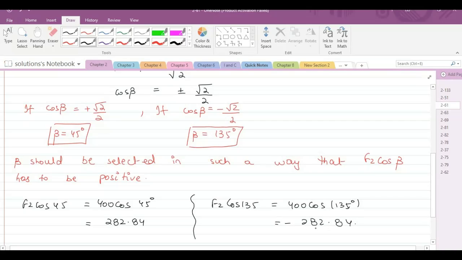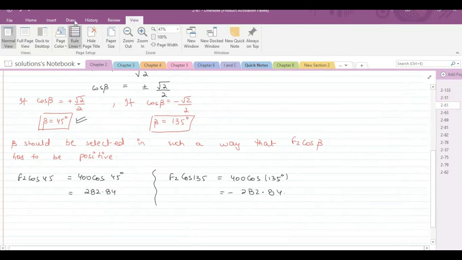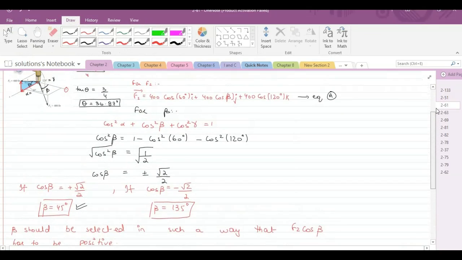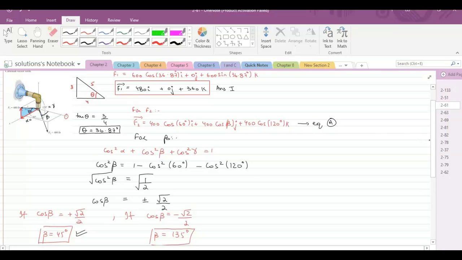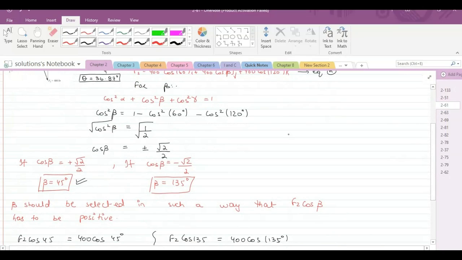Since the y component of the F2 force has to be positive, beta has to be the 45-degree angle. So this is our value for beta, and we can put it in equation A.